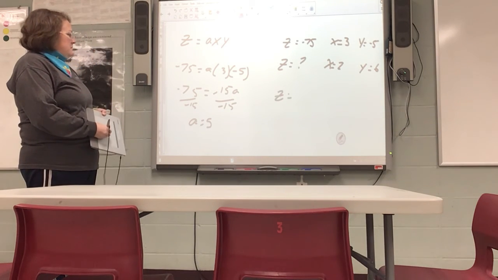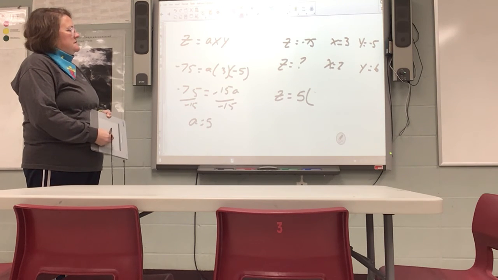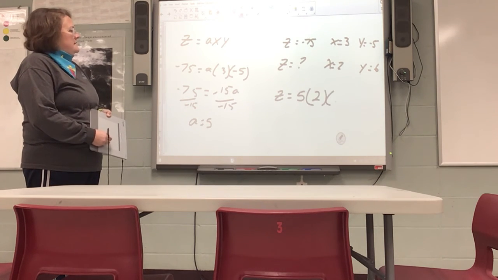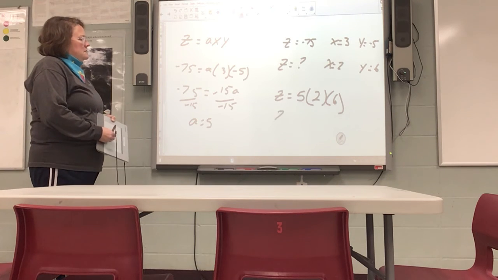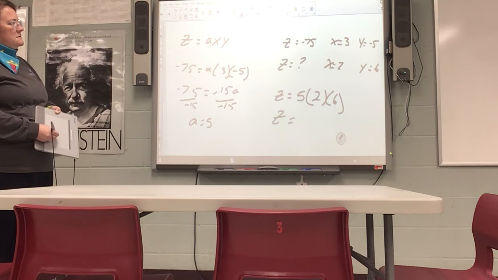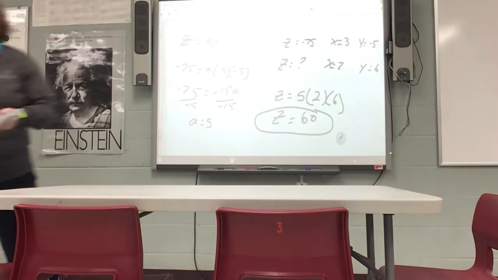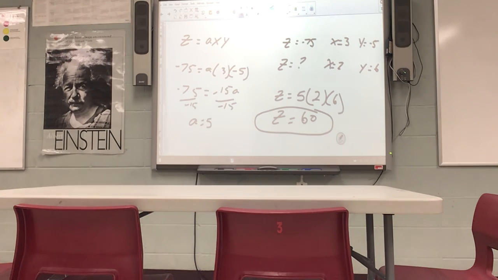So z equals a, which is 5, times, now I'm using this new info, x is 2 and y is 6. So z equals 5 times 2 is 10, times 6 is 60. So that'll be your final answer on that. Bada bing, bada boom.